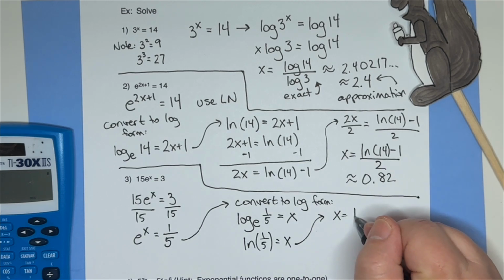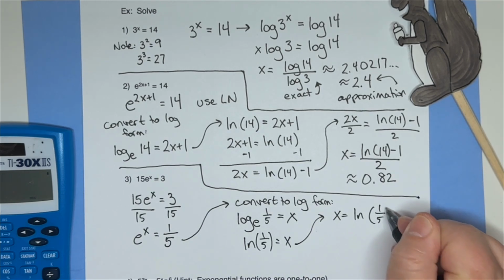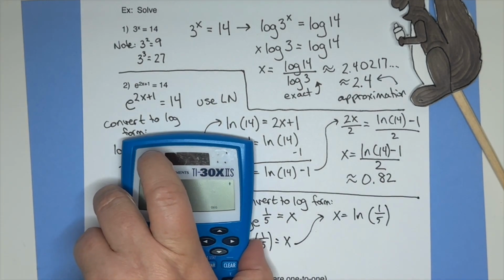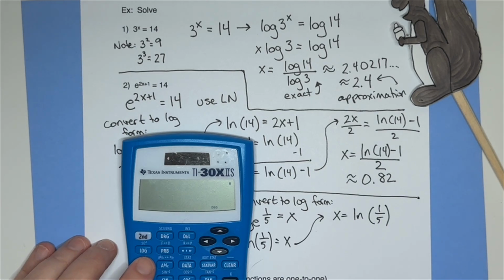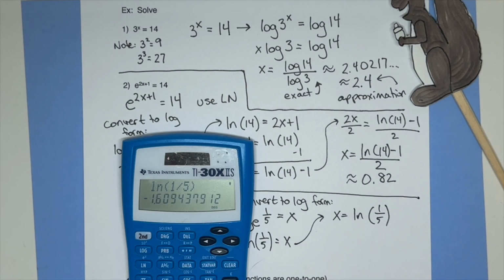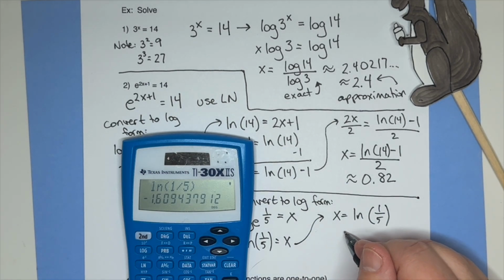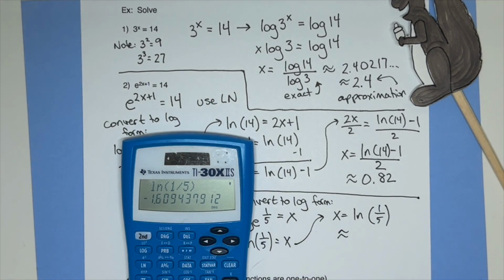So x equals the natural log of 1/5, which again, if we want to come up with an approximation, natural log of 1 divided by 5, or you could put in 0.2 equals, and here it's interesting to note, it's a negative number, right?